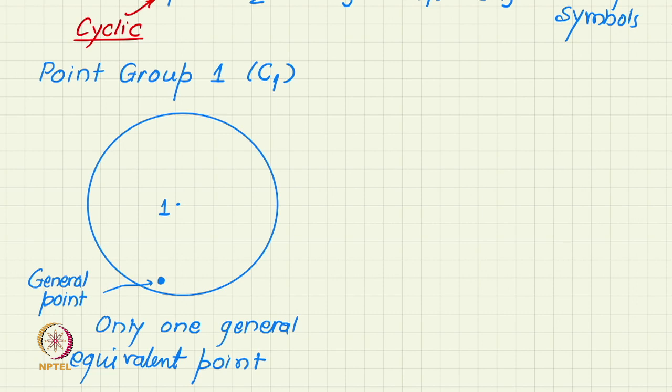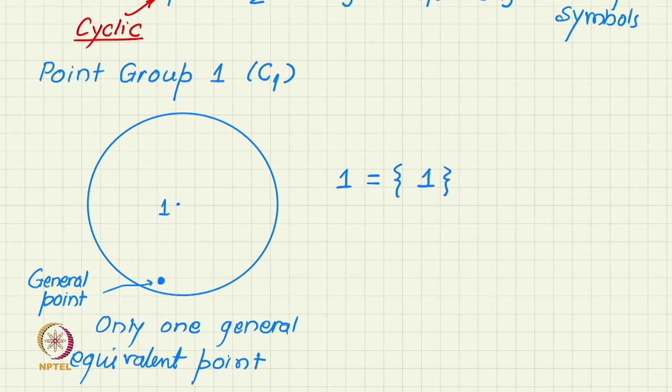And if I want to write it in terms of operations, because a group consists of operations and the symbol of the group we have decided to be 1, but now I want to write it as a set of operations, the only operation is the trivial operation of 360 degree rotation, or no rotation. So, that is identity, and the identity operation is also represented by the same number 1.